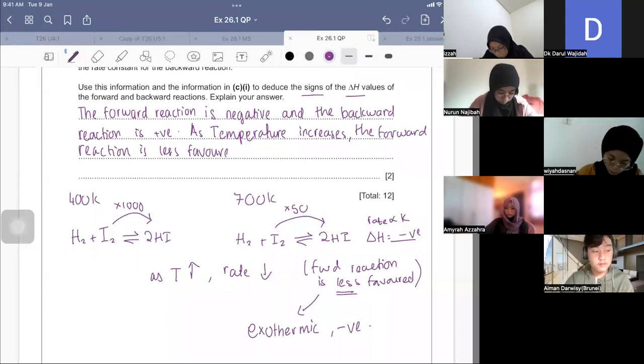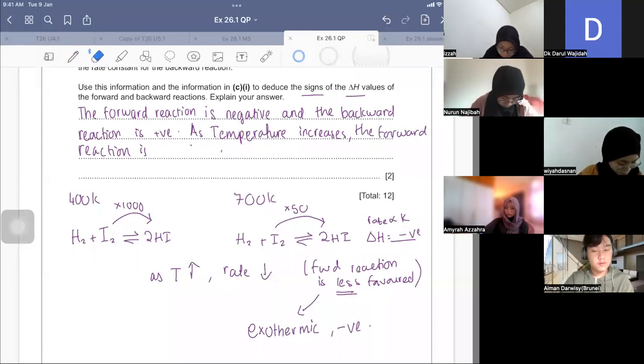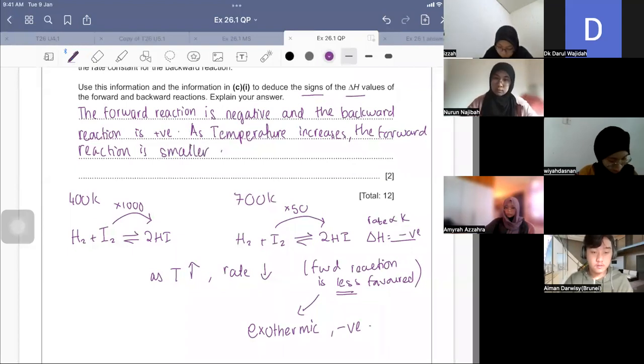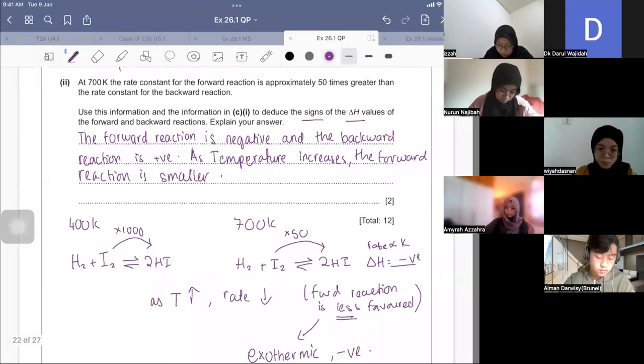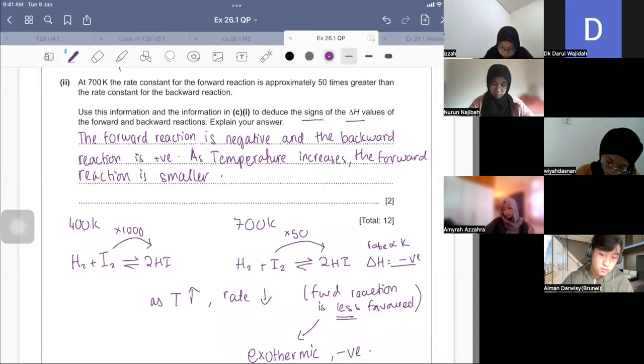But it's talking about the speed actually. The forward reaction has smaller... actually, they just want us to talk about the equilibrium position. So less favored, because we're talking about the position.